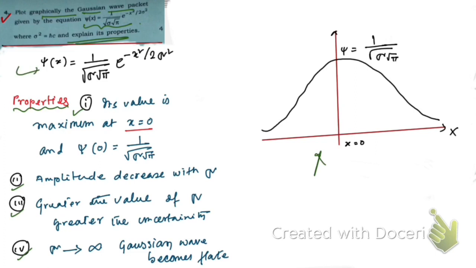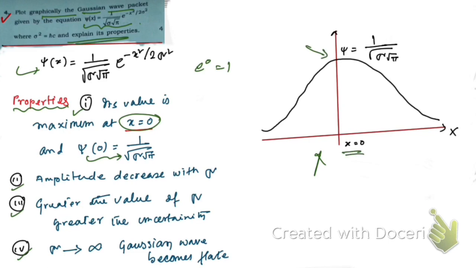Here you see this is the exponent. If you put x equal to 0, e to the power 0 is going to be 1, which gives the maximum value, equal to its amplitude, and this is the value of psi at x equal to 0.